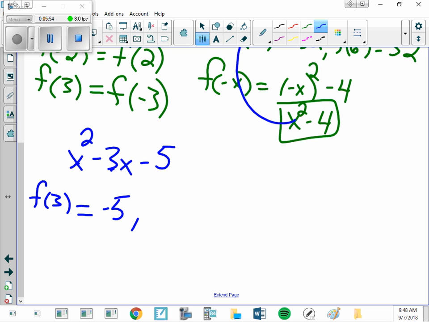Now let's try negative 3. Okay, negative 3 squared is 9. Negative 3 times negative 3 is 9. 9 plus 9 is 18. 18 minus 5 is 13. What do you notice? That point didn't work. Do I need to test any more points? No. Okay. This one is not even.